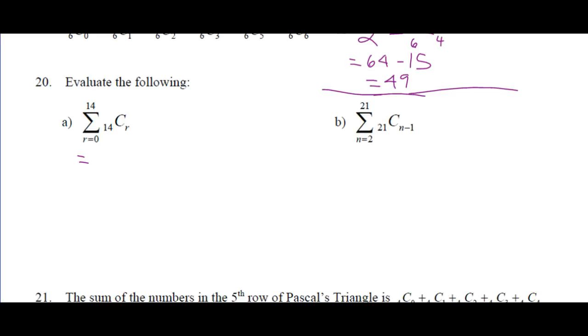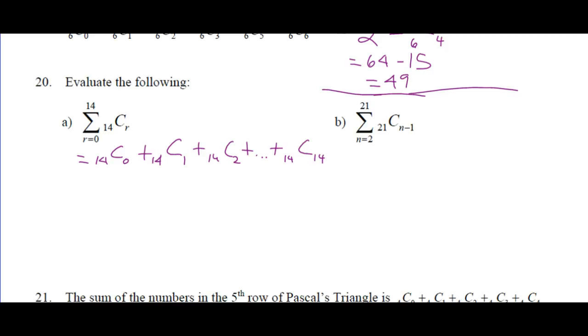Well, you start with, okay, so this is 14 choose r, and r starts at 0. And then you go 14 choose, and now we increment r, so we just add 1. Plus 14 choose 2, plus, and where does it end? It ends with the 14 there, right? So we have 14 choose 0 plus 14 choose 1 plus 14 choose 2 up to 14 choose 14.